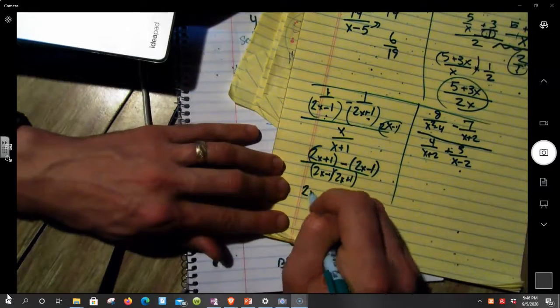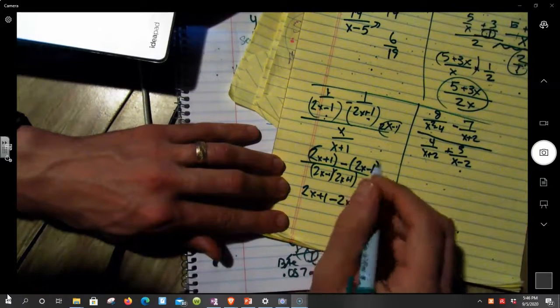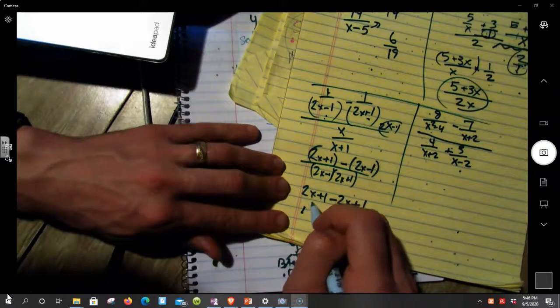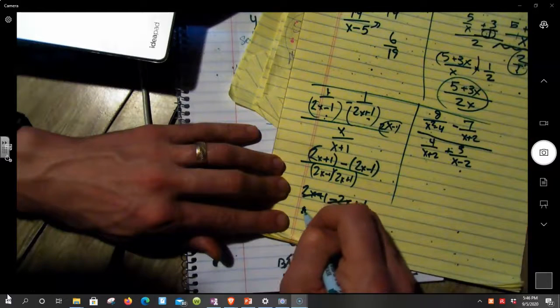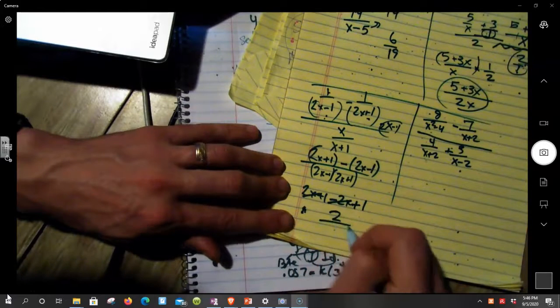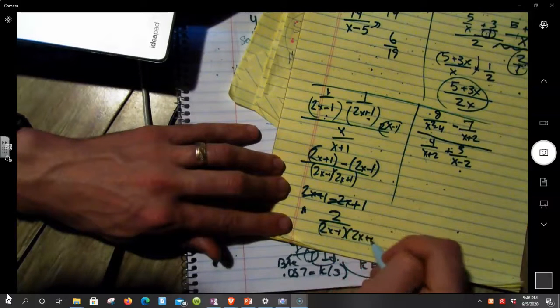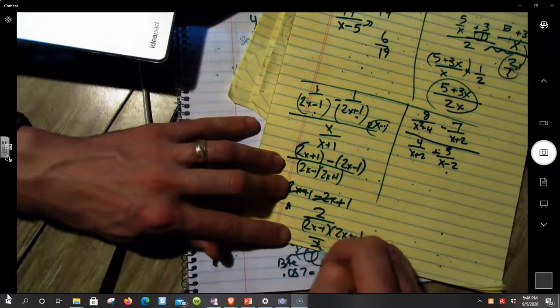So we're going to get 2x plus 1 minus 2x plus 1. Okay, right. So you're going to get 2x minus 2x is 0, and you're going to get 1 plus 1, you're going to get 2. So the whole thing boils down to 2 over 2x minus 1, 2x plus 1. But then you have that bottom fraction there, which was over x plus 1.